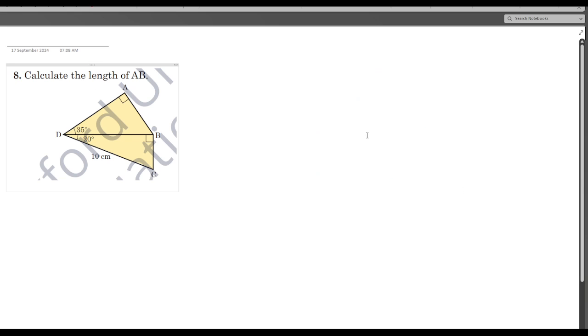Now 8th problem, calculate the length AB. Now here we will use a calculator. First we will find length BD. For that we will use a relation of cos. We will say that cos of 20 degrees is equal to BD divided by 10.